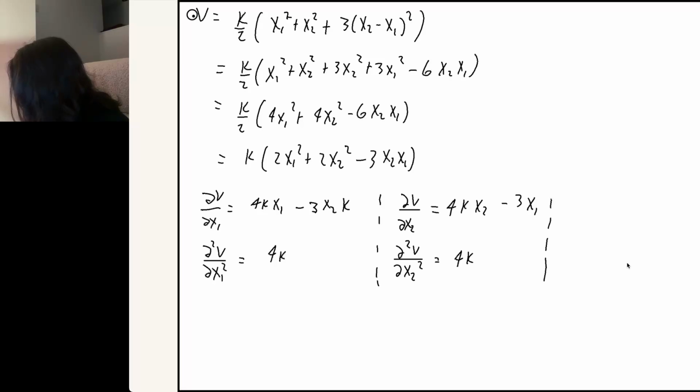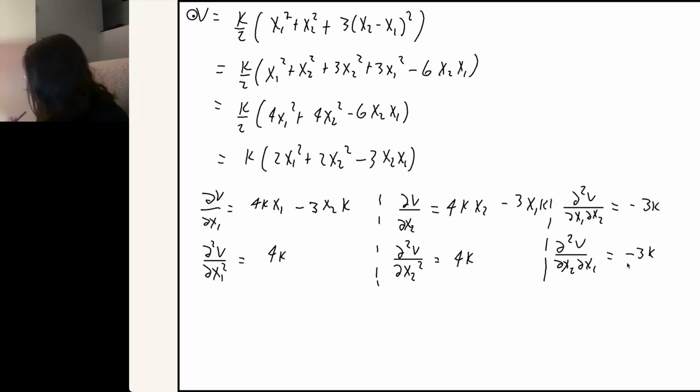And if we want to do cross terms, the second derivative of V with respect to x1 and x2, in this case they end up being symmetrical. So we have minus 3k, and the second derivative with respect to x2 and x1 is also minus 3k.